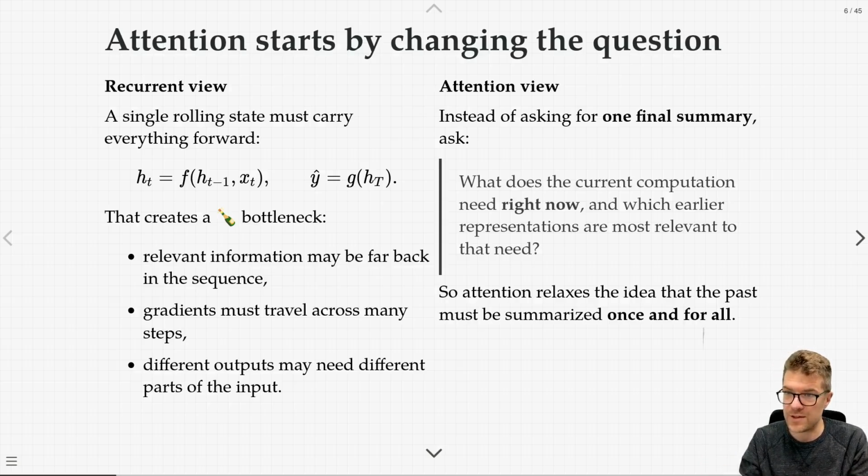What we want is the current computation right now to know what it's doing and to realize what earlier representations from the French sentence are most relevant to what we need, and then we're going to pay attention to those earlier representations on purpose, in order to relax the idea that we have to summarize everything once and for all, and then we need to use that summary for all of our decisions going forward. So we don't want that. We want to relax. We want to be able to consult the input.